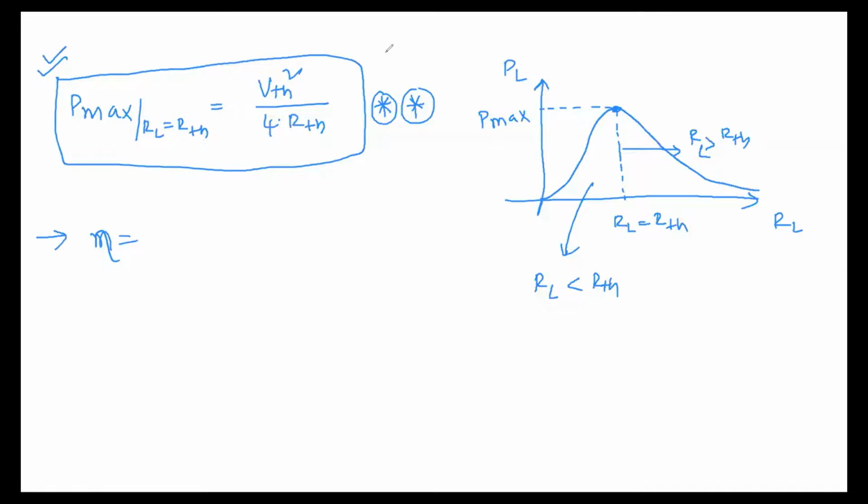As you are first year students, I don't expect you to know. If you don't know, no problem. Even if you know, I am going to tell. Efficiency is equal to output divided by input. That's it. Simple. Output divided by input.